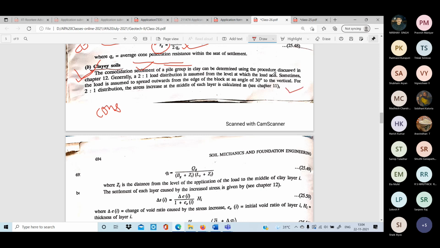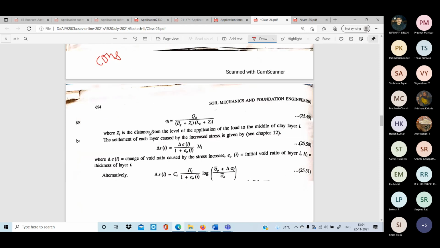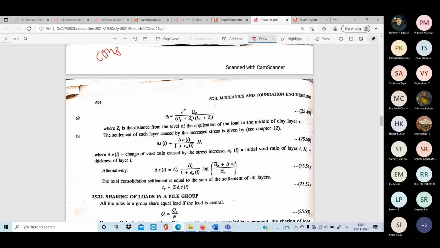That means if you recall those chapters, okay, these formulas, where did you see these formulas? Can anyone tell? If you are reading Boussinesq's theory, Westergaard's theory, if you recall, the increase in stress. How do you find the increase in stress?